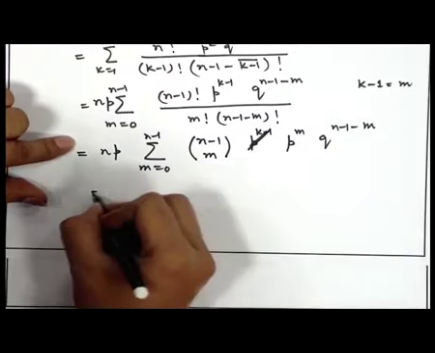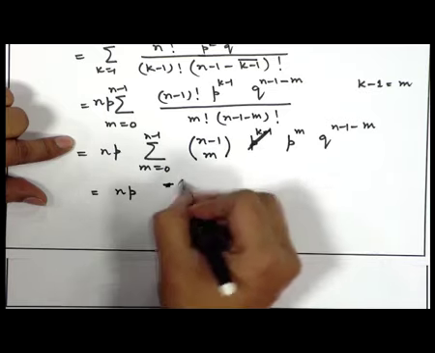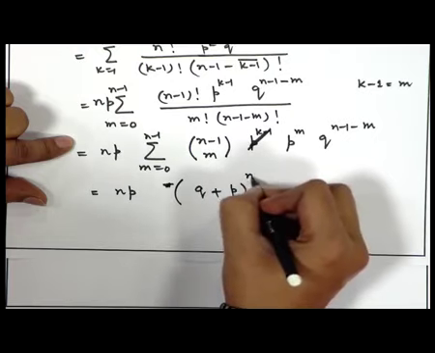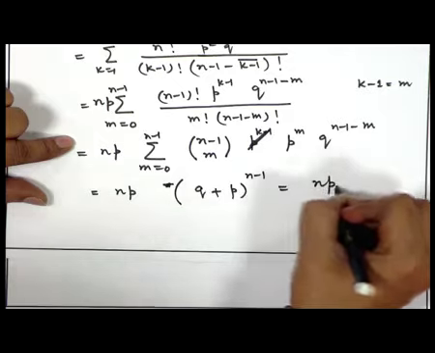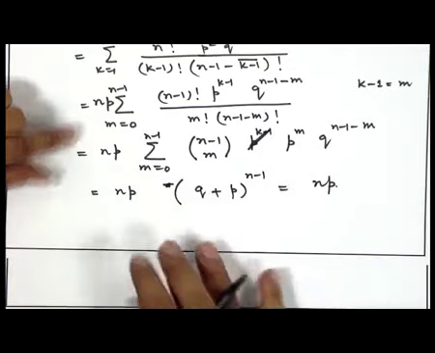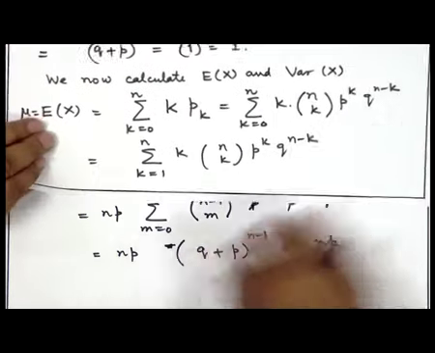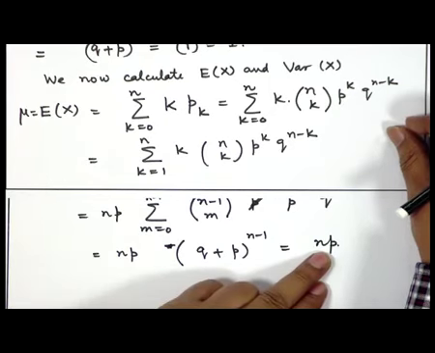So, this becomes np, and now this term, if you see, it is nothing but the expansion of q plus p to the power n minus 1, which is 1. So, it is np. So, what we have proved is that the mean of the binomial distribution is np.